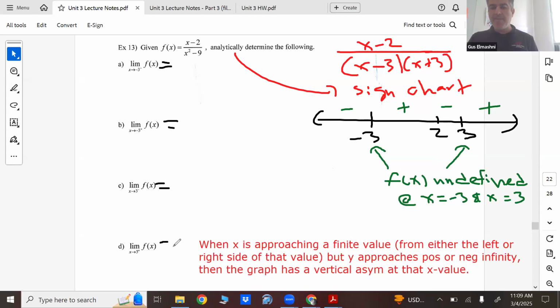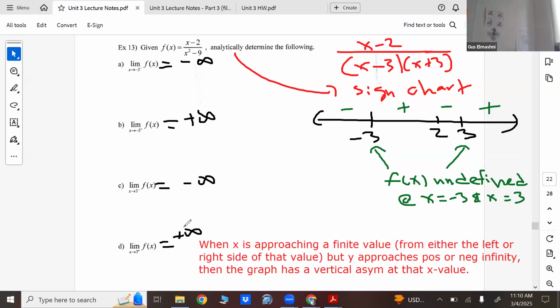Well, I am giving it thought. But I'm just going to write it and then we'll think about it after that. Okay. Without actually plugging in -3.01 or -2.99 or 2.999 or 3.001, or even graphing it, the sign chart's good.